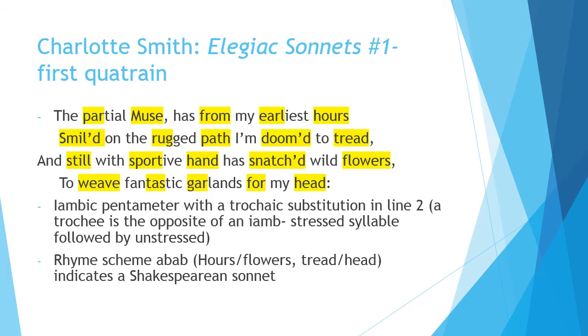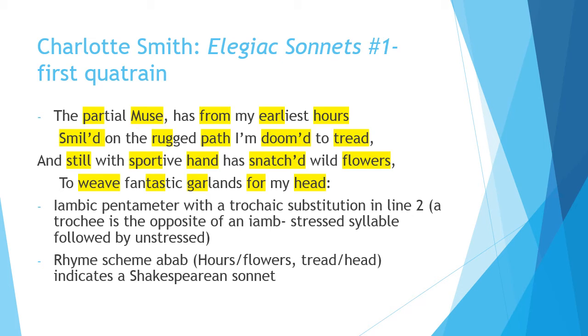So just to give a brief example of what this might look like, the first of Charlotte Smith's elegiac sonnets, and here's the first quatrain. You can see from the highlighted portions that this is written in iambic pentameter. There is one trochaic substitution in line 2. Smiled has the emphasis in that line.